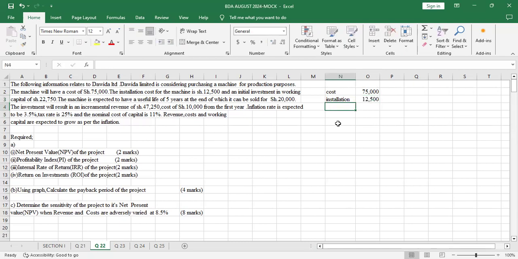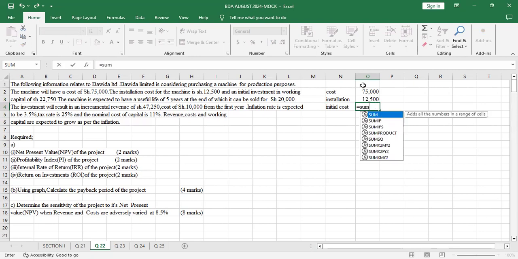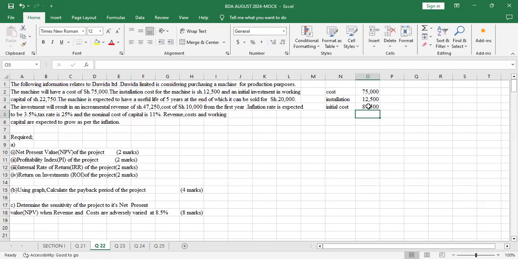Therefore, the total cost of the machine, which is the initial cost, will be the sum of these two, the cost plus installation. So it will be 87,500.